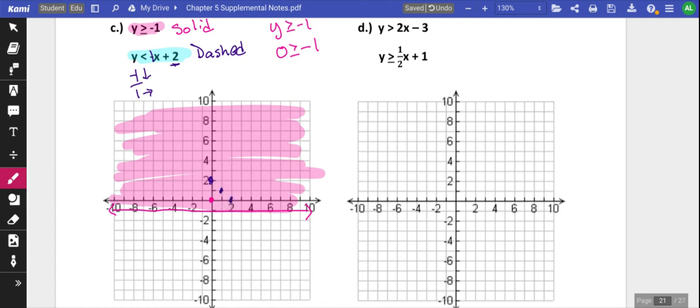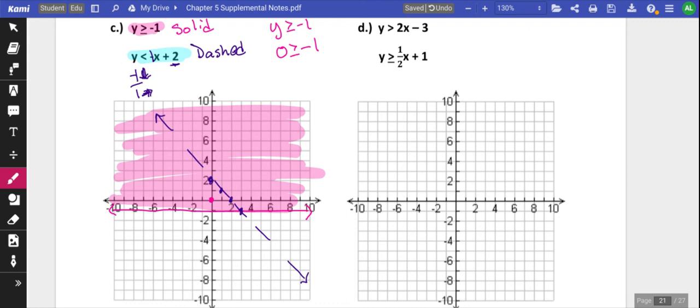Don't let the negative slopes mess us up. I see a lot of us messing up those negative slopes. You're going down, but still right, not left. So I'm going to make my dash line here, with my little arrows.